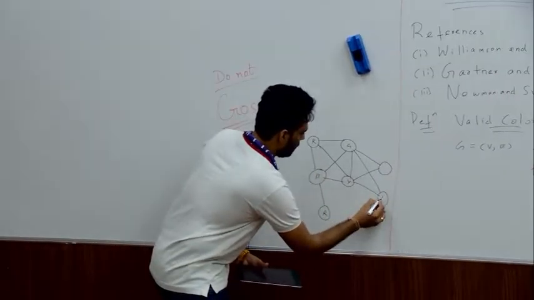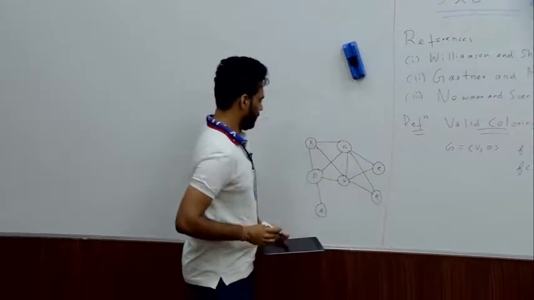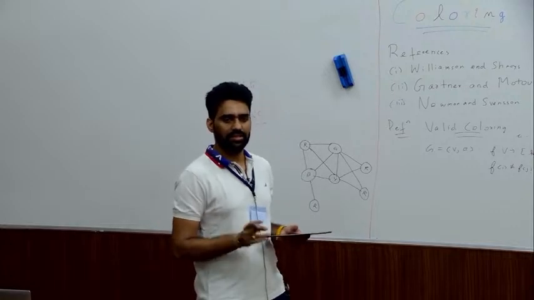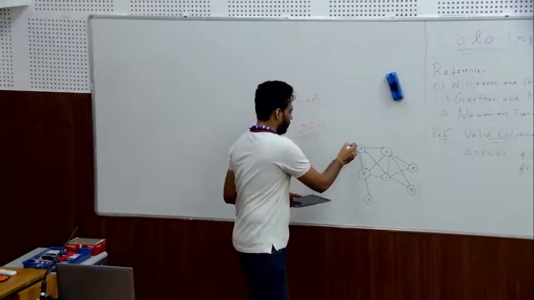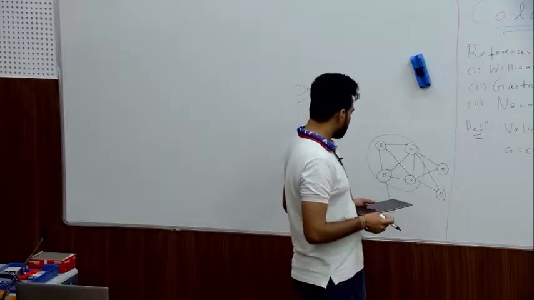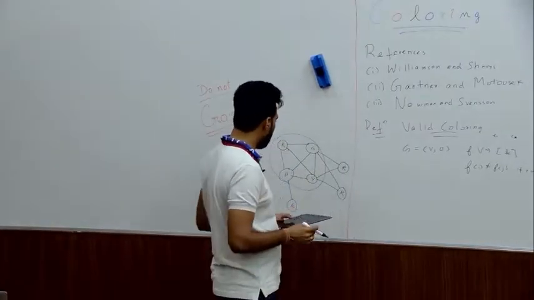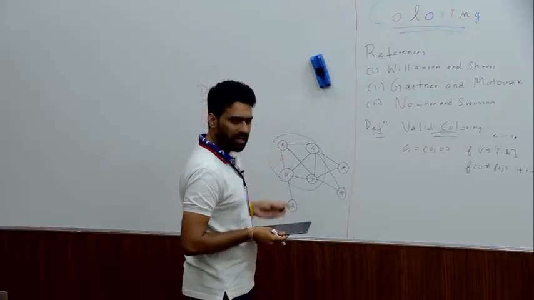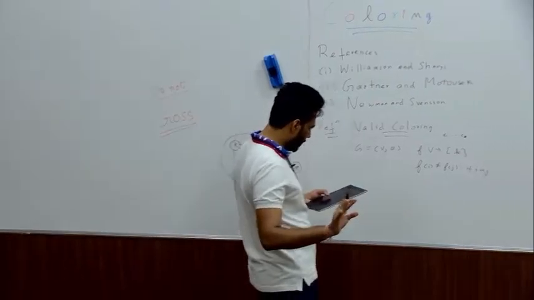But does anyone see why 4 colors should be required in this case? There is a clique of size 4. Exactly. There is a clique of size 4 formed by these vertices. There is a subgraph which is a clique of size 4, and you will at least need to color every vertex there differently. So we'll see this connection more strongly as we go on. I'll in fact get to that in a second.